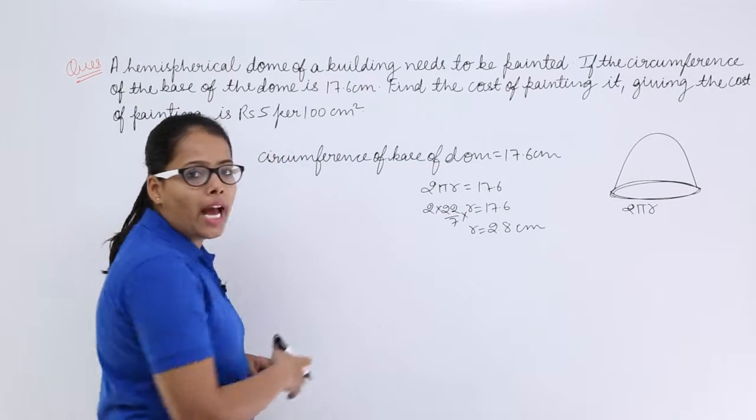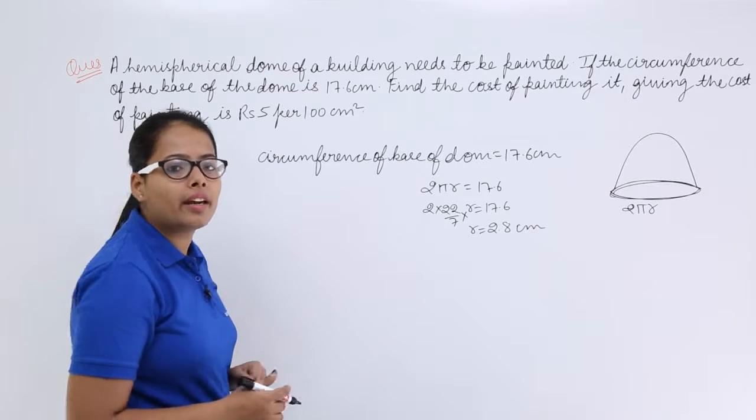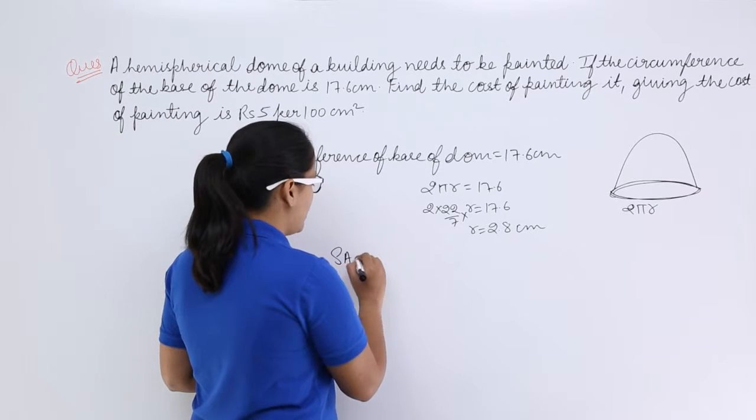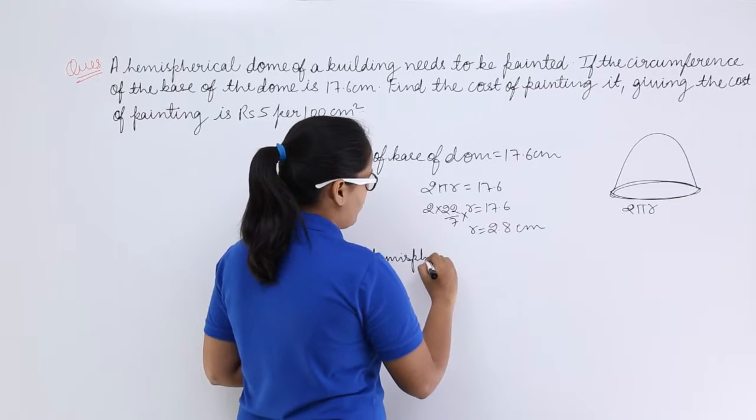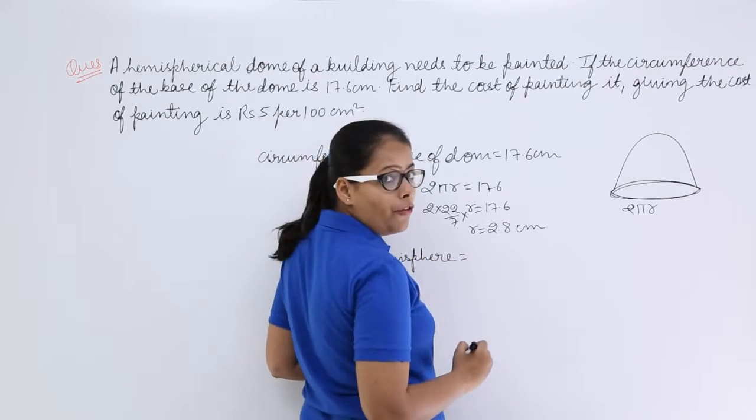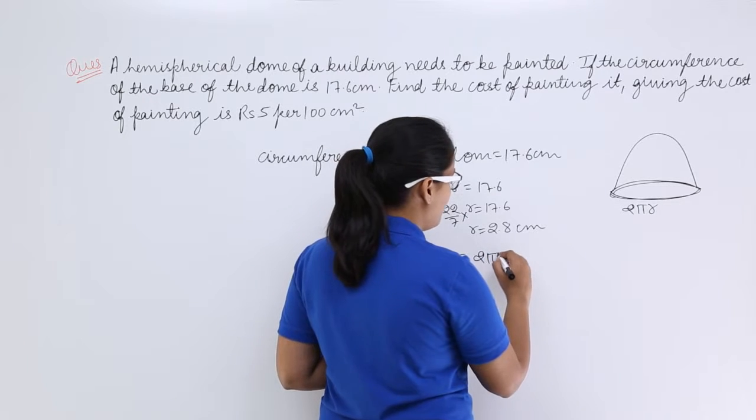Now, you need to calculate the area of the hemisphere. Surface area of a hemisphere is 2 pi r square.